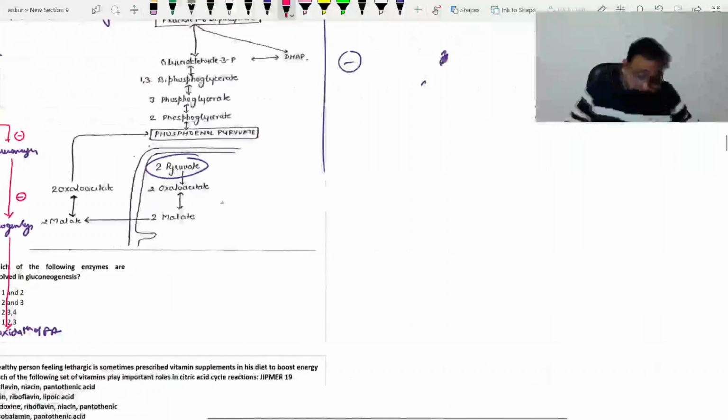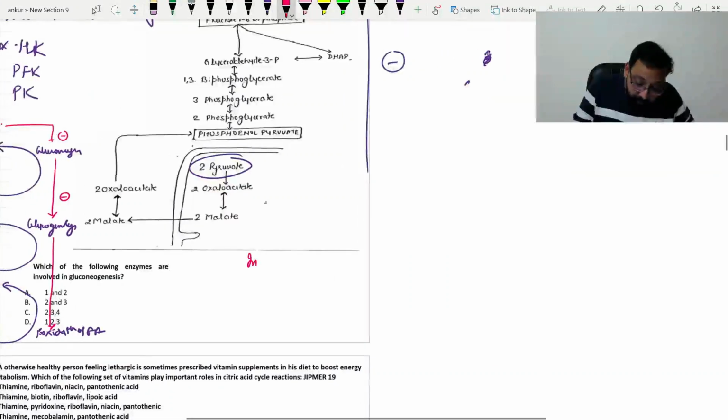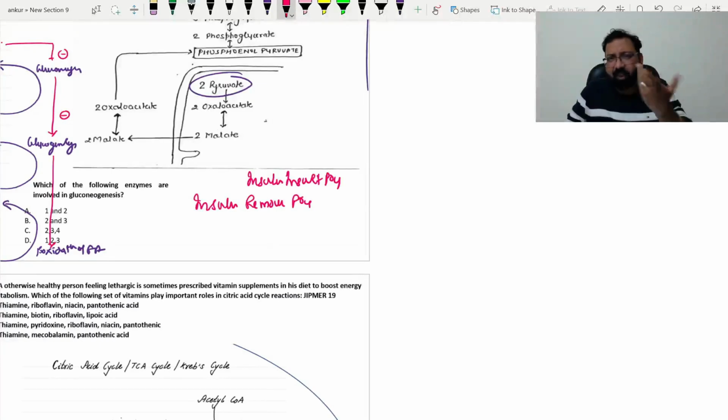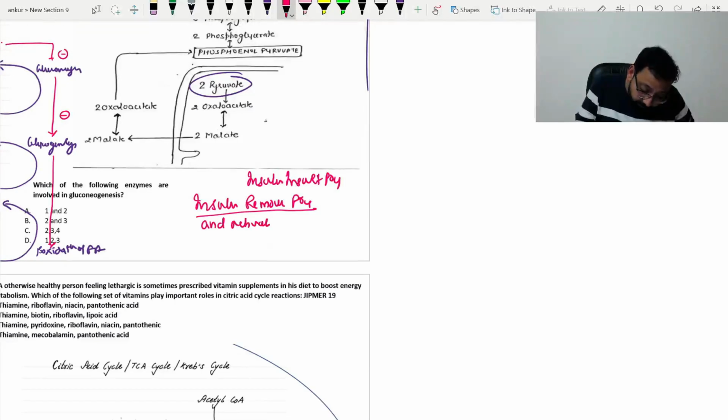You will remember one important point: insulin insult phosphate, meaning insulin removes phosphate. If you insult anybody, definitely he will leave, or she will leave. Insulin removes phosphate and activates enzymes.